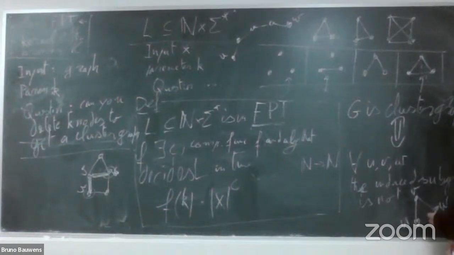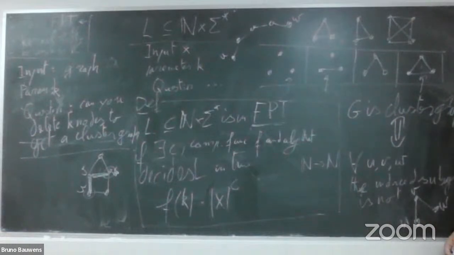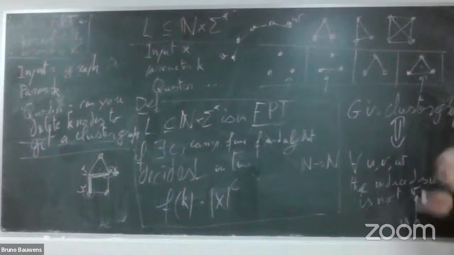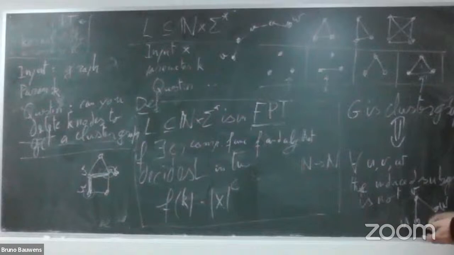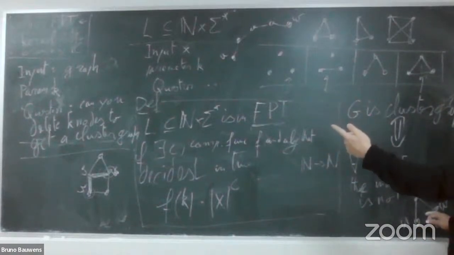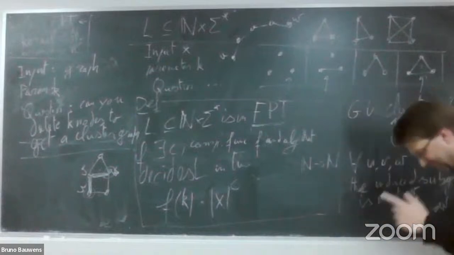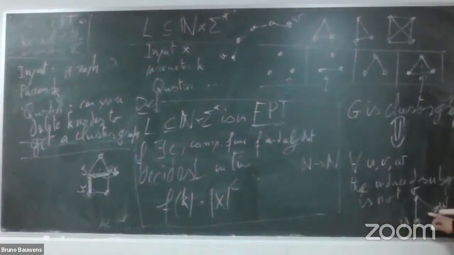Now the reverse: if we do not see this, it is a cluster graph. So the contrapositive: if it's not a cluster graph, we do see this thing. That's what we have to prove.